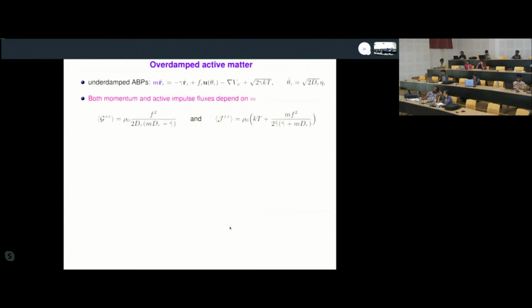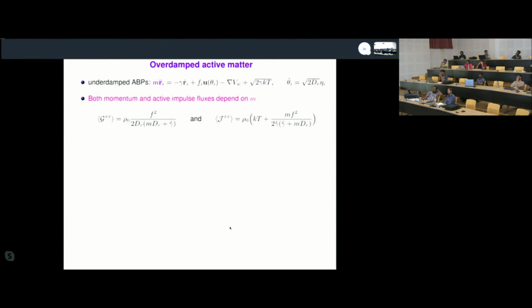Okay, to explain the results I got for overdamped active matter, I used an underdamped model, which is something a bit weird, and most systems are not underdamped, they're overdamped, so you may wonder what changes if I go into the overdamped limit. So what you can do is take these underdamped dynamics of active Brownian particles and look at the overdamped limit.